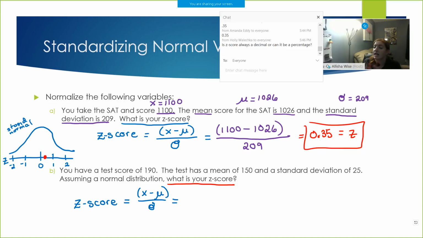Great question, Holly, and I'm glad you asked that. Holly asked, is z-score always a decimal or can it be a percentage? It is not a percentage. That's only when we talk about probability. And I know you're not the only one thinking that. We do not convert this to a percentage because this is a number on the number line.